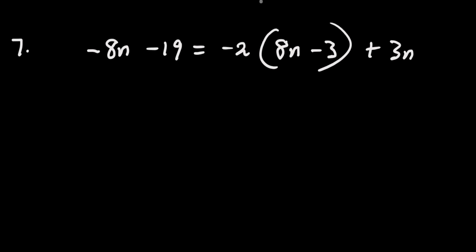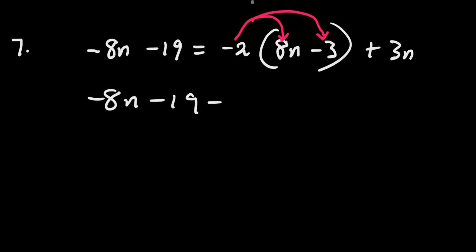So the first thing is to clear the parentheses, and we do that by distributing negative 2 into each term of the parentheses. So this will become negative 8n minus 19 equals negative 2 times 8n will give us negative 16n. Negative 2 times negative 3 will give us positive 6, plus 3n.